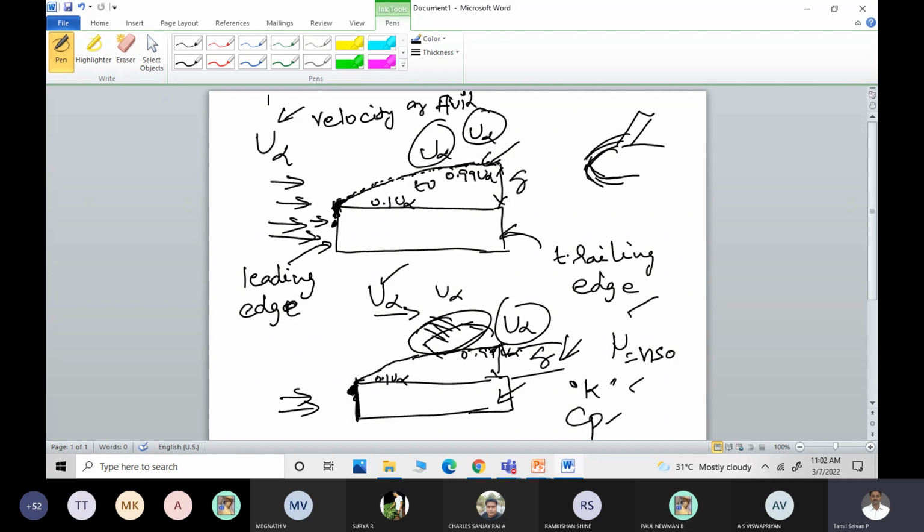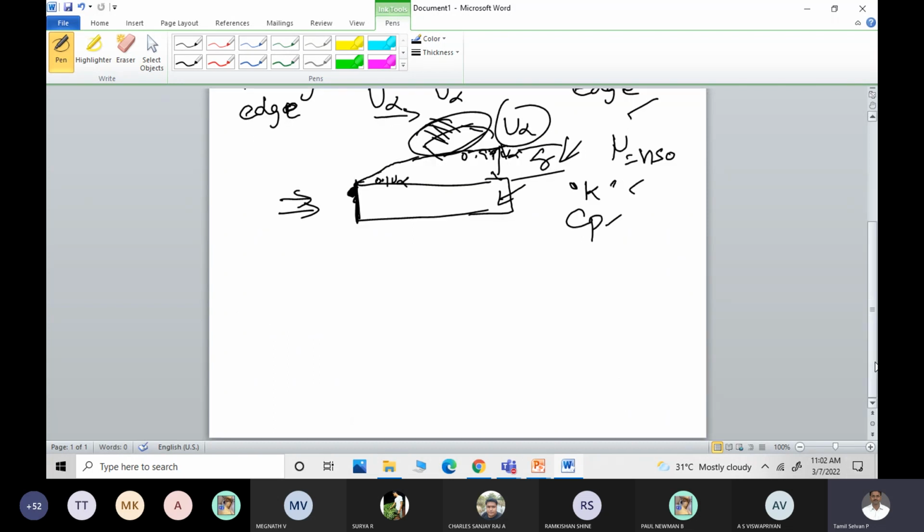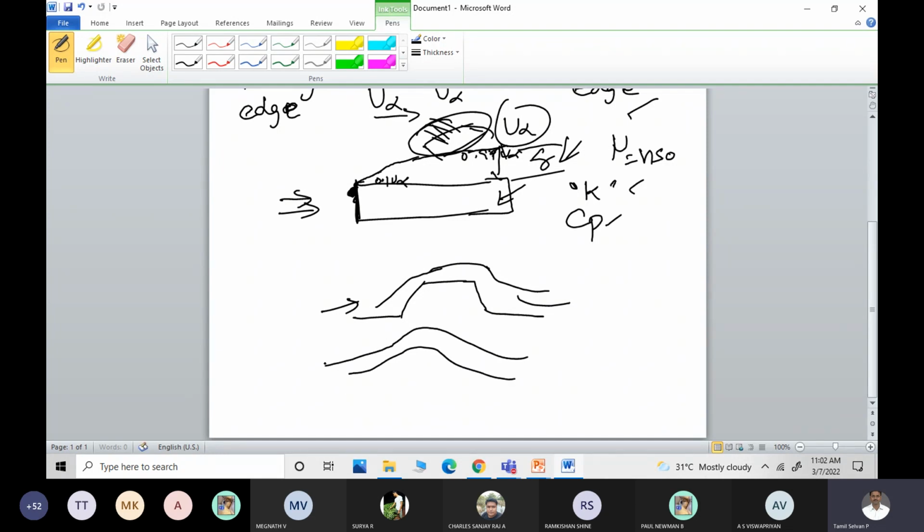Even the cars, whatever cars we have, have this shape. In the olden days even the cars were of this shape, so that there is easy flow of air and wind resistance will be lesser.